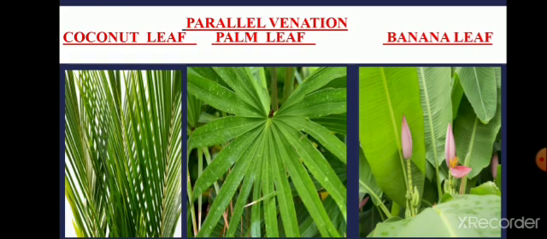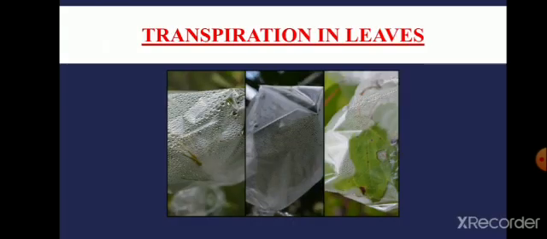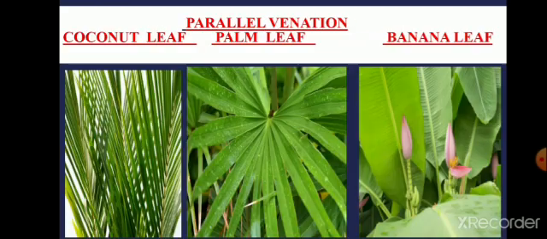Then we go to the functions of the leaf. First, we see a simple activity. You take a sheet of white paper, a leaf, and a pencil. Place the leaf under the paper and hold it in place.